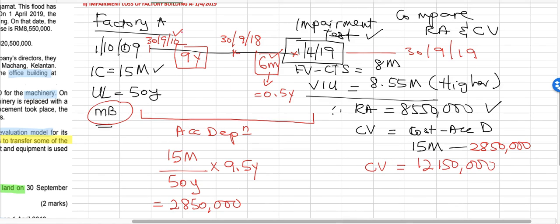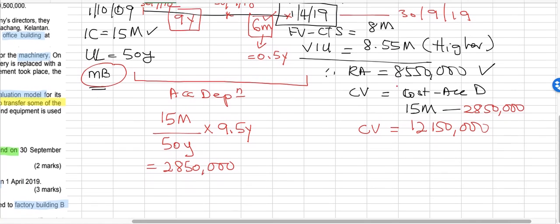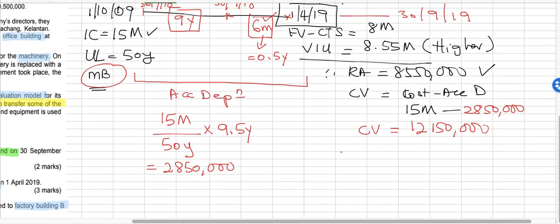Now we will compare the carrying value and the RA. Impairment loss exists if CV is more than RA. So you see here your RA is 8550, your CV is higher.